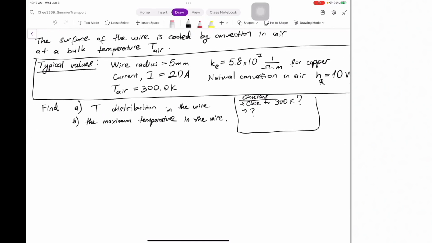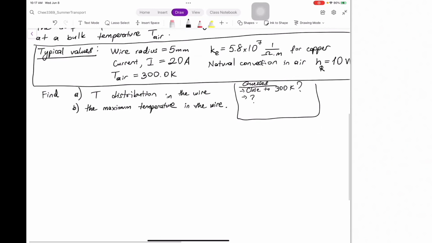So let's model our system. Now, let's make some assumptions, okay? Let's assume that the wire is long. What does it mean when I say wire is long? It means you can ignore the end effects.